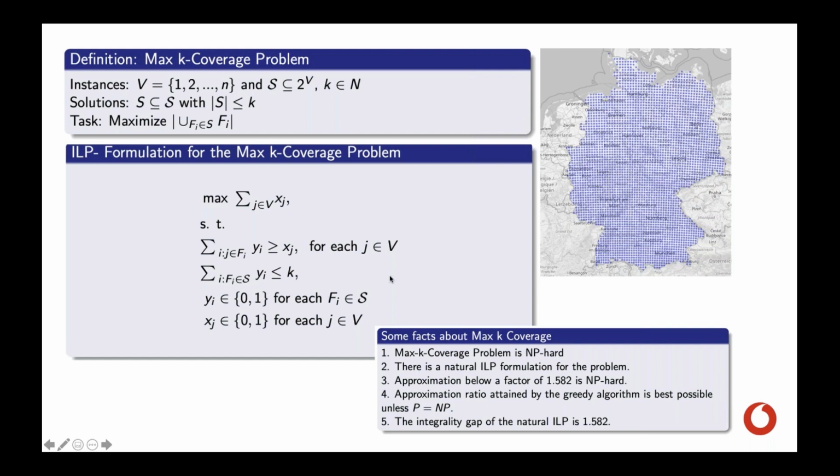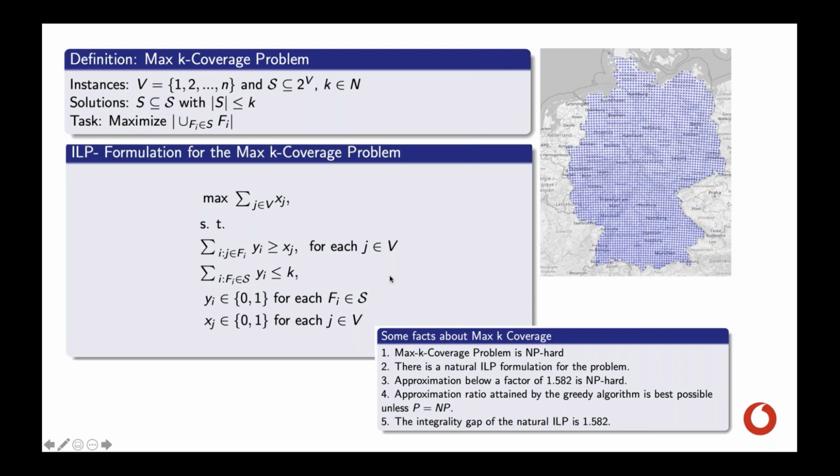This max K coverage problem is, and that's perhaps also one reason for the title of the talk, an NP-hard problem. All the problems we have in the background tend to be NP-hard. The nice thing is that it has a natural formulation as an integer linear program, and then we can use that and hence Gurobi to solve it. It's also approximation hard.